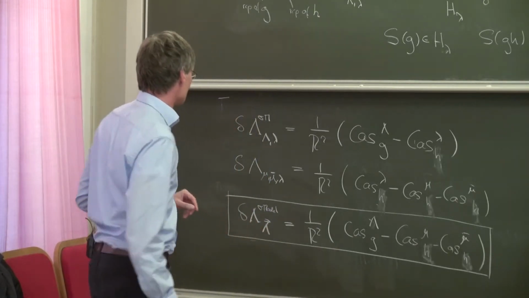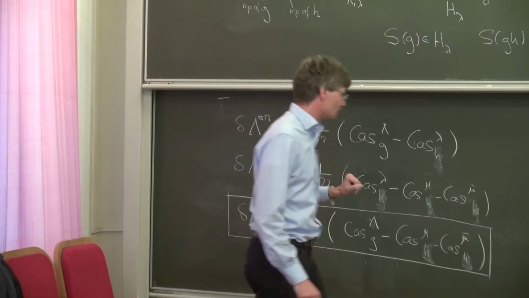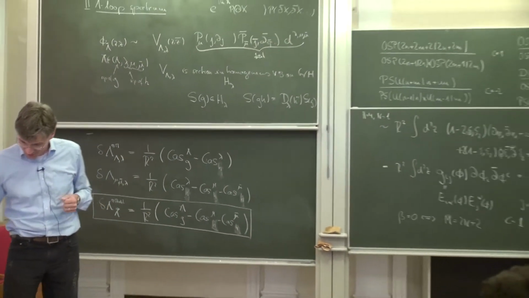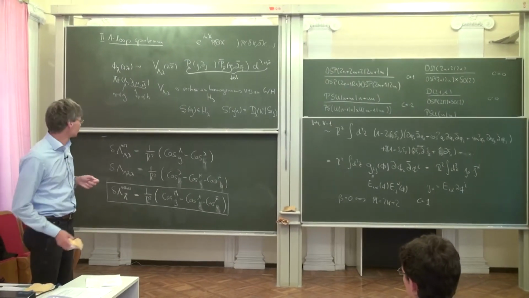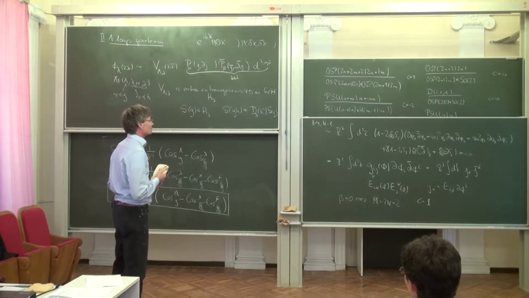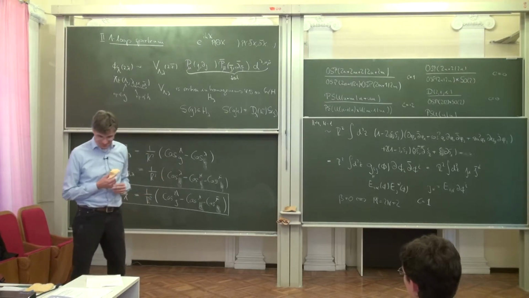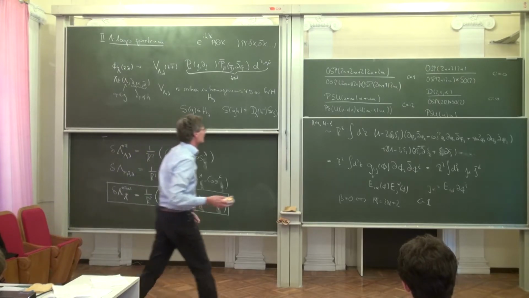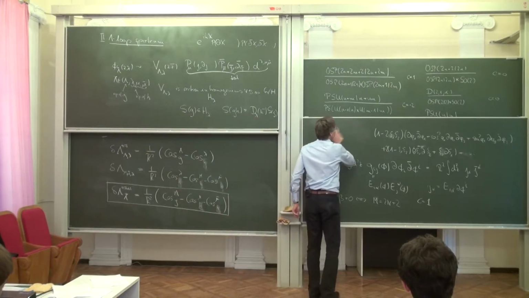Okay, so that's the result. Maybe I have time for one comment on this, because I think this is related to an interesting problem. Do I have 15 minutes? Let me think. Yeah, let me make one comment on an open problem that I think would be interesting to address.